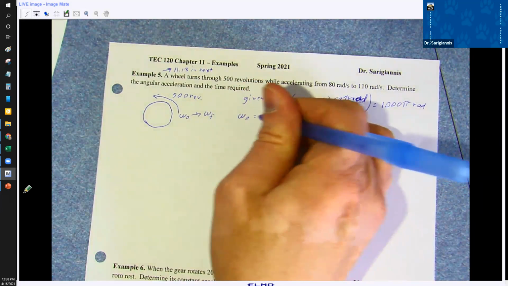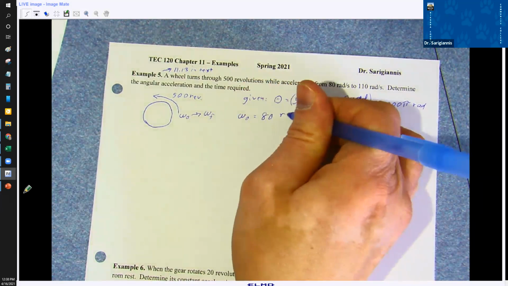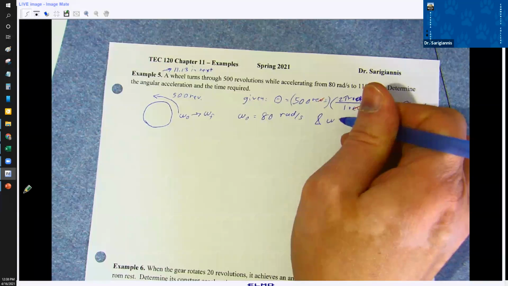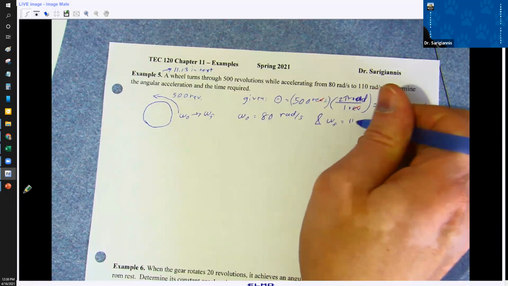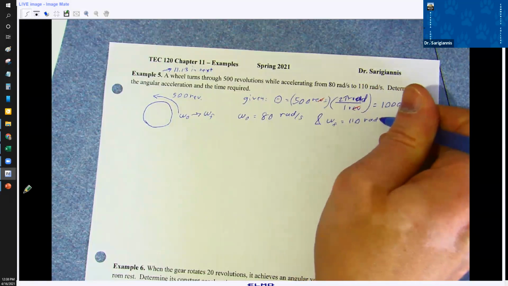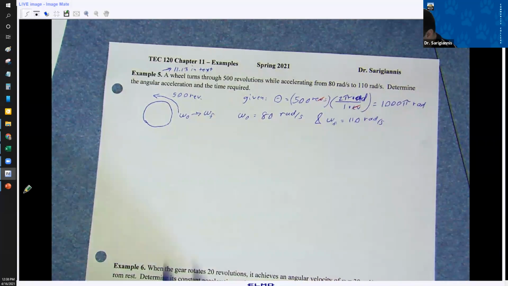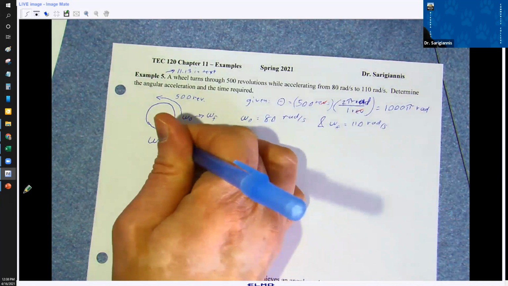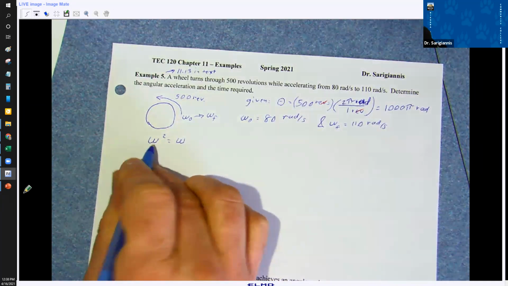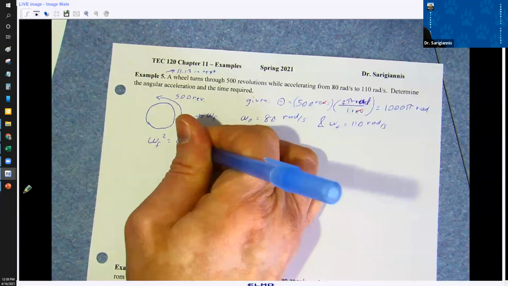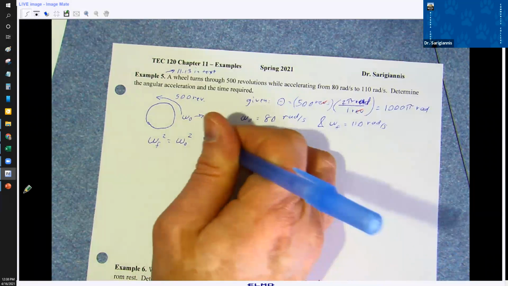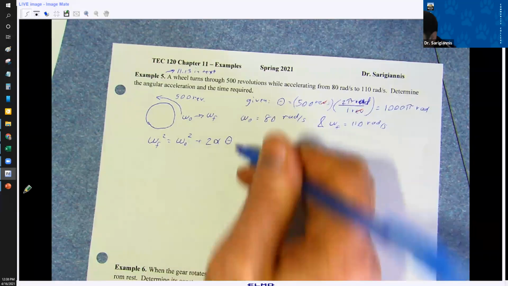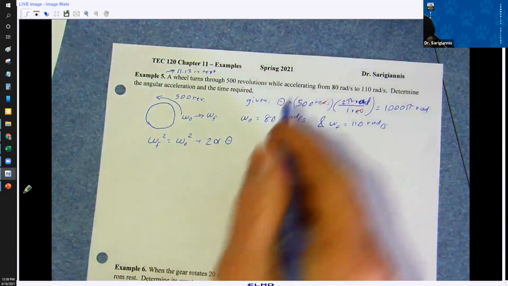Omega naught is 80 radians per second, and omega final is 110 radians per second. So that's the information we're given. I'm going to start with the kinematic equation: omega final squared equals omega initial squared plus 2 alpha theta, right? And we want to solve for alpha.